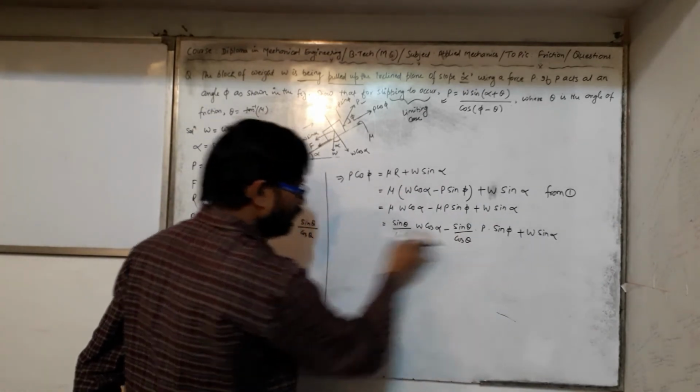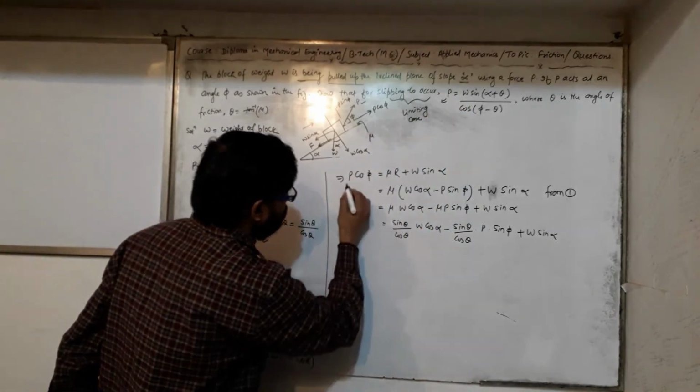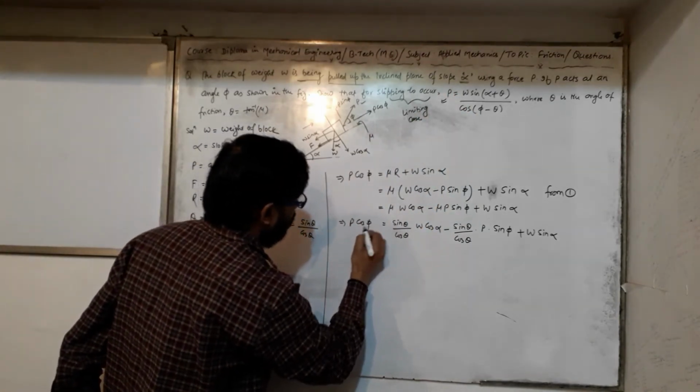Okay, now here one term P is there. If I am transposing this, because we have to separate P out, so we can say this is P cos phi.